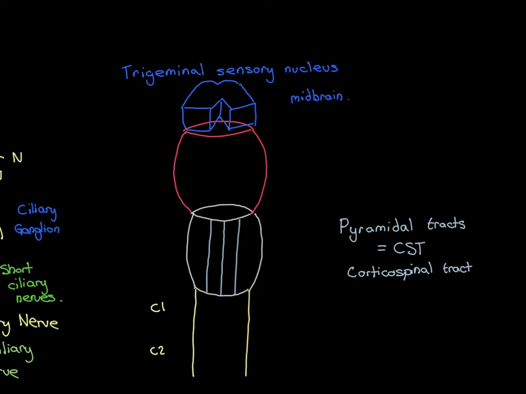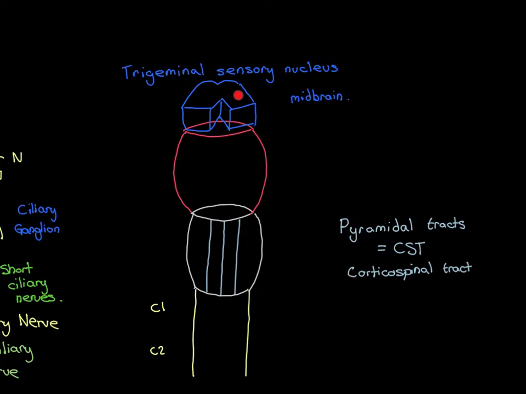Now, remember what the corticospinal tract is. This is the major motor control of the entire body for voluntary movements in particular. So when you decide to make a movement, you activate certain neurons up in the primary motor cortex that then send their axons right down from the primary motor cortex, which you know is right up in the cerebral hemispheres. We'll see that later on when we draw pictures of the cerebral hemispheres.